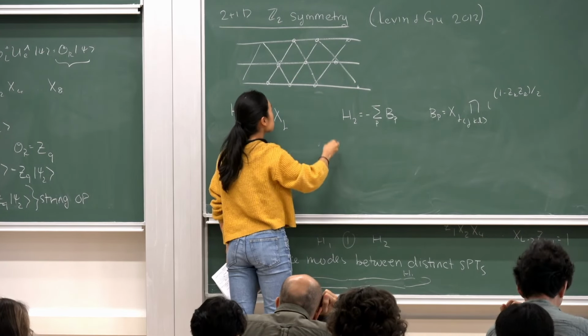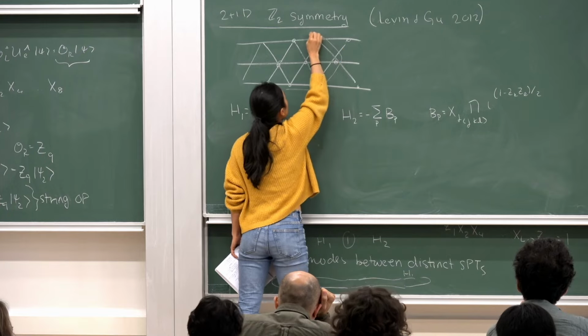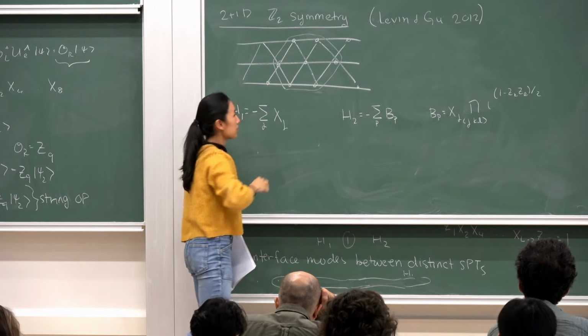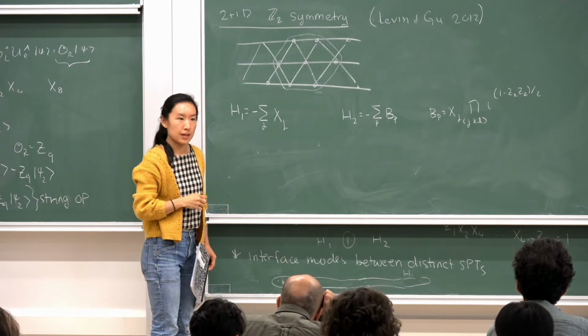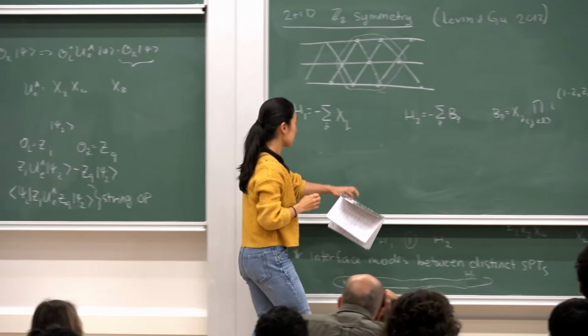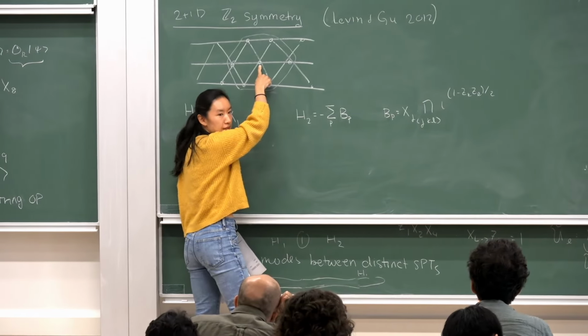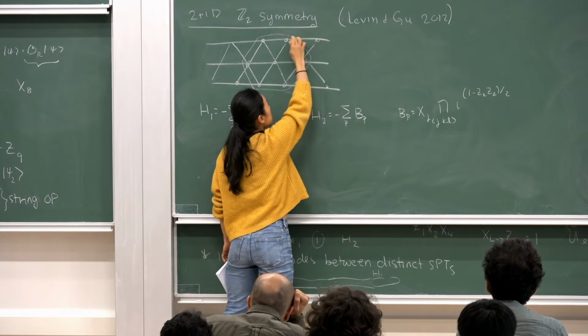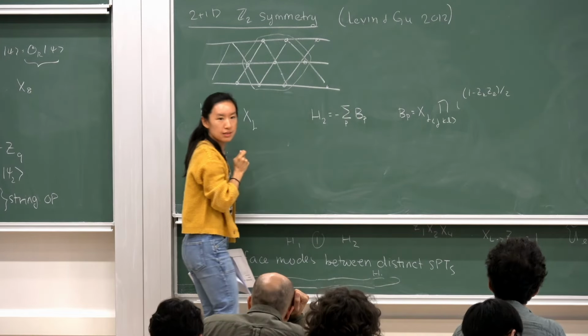So this BP term is supported on these 7 qubits. What is the index P? P is labeling the plaquette. So this is like P, one P, and then another P would look like P supported here, etc.